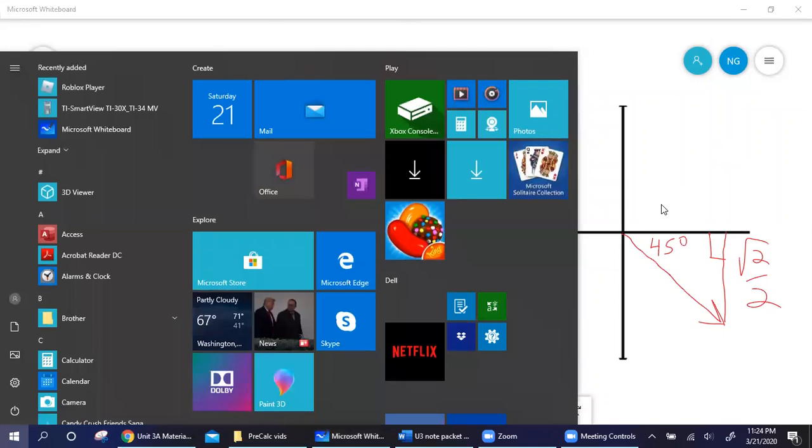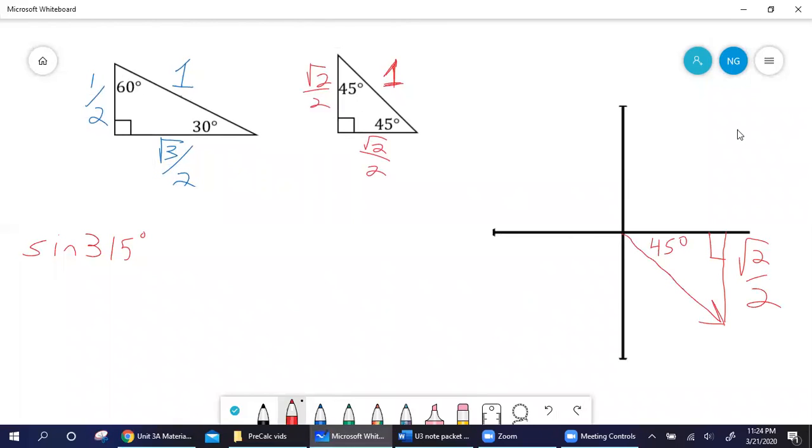I'm using the 45 reference triangle I've got drawn up there. Know that both sides are root 2 over 2. Again, the hypotenuse is 1 if you want to write it, but you don't have to. So again, I basically just took this triangle and I rotated it around. Well, sine from the angle would be opposite over hypotenuse, but again, with the hypotenuse being 1, I don't really care about it. This would just be root 2 over 2.